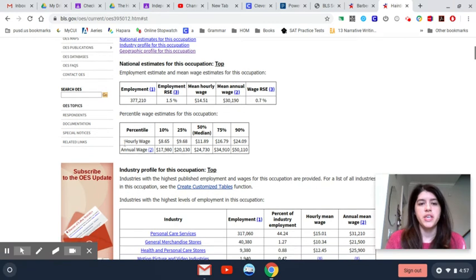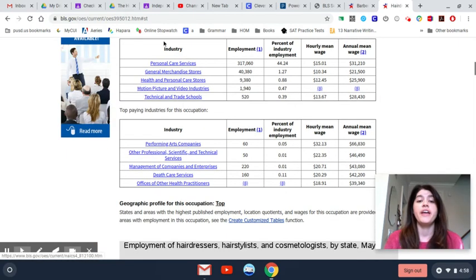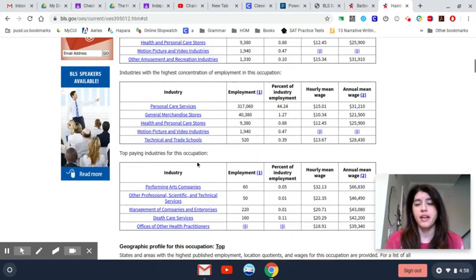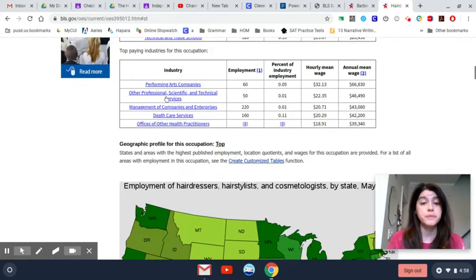It's also giving me the hourly wage and the annual wage of these careers. So this is also hitting some of your salary questions if you have still been struggling with your salary question. Right here, it even breaks down the different industries that come with being a hairstylist. If you want to spend more time, I highly recommend looking at this because it's going to give you a little bit more in depth about maybe your particular career.